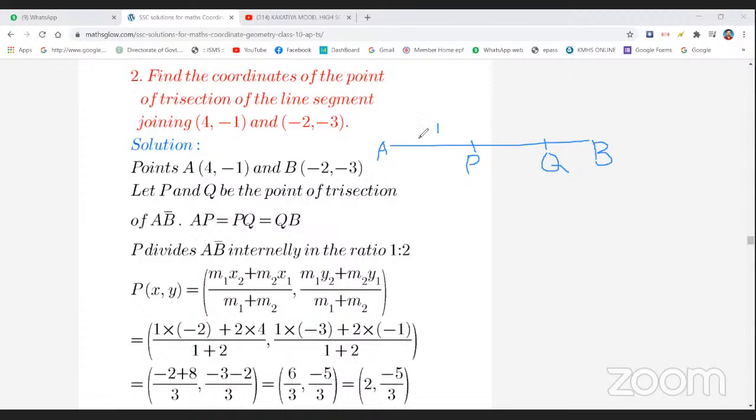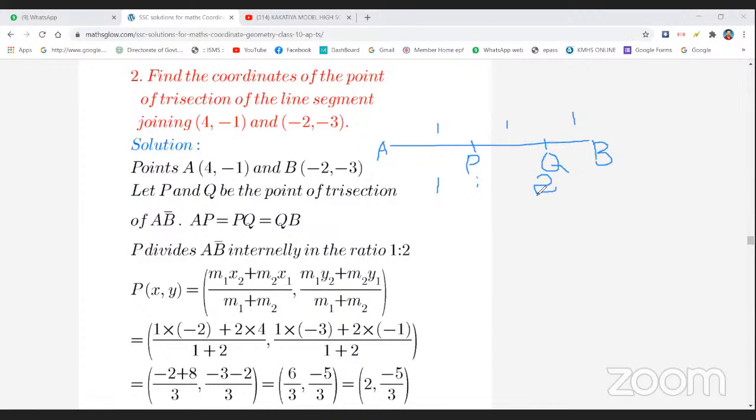So now P is dividing the AB into two parts by a ratio. This is 1, this is 1 plus 1, 2. Before P there is one part and after P there are two equal parts, so 1 plus 1 is 2 parts.